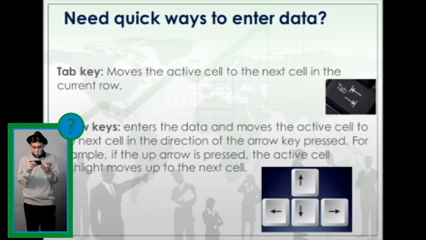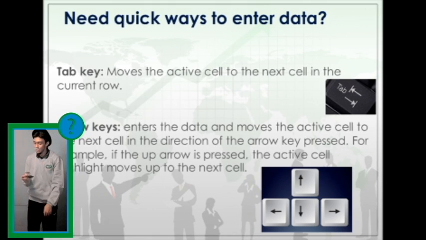It enters the data and moves the active cell to the next cell in the direction of the arrow key pressed, where the highlighted moves up to the next cell. Basically, you click left, it goes left. You click right, it goes right. What's more simple than that?